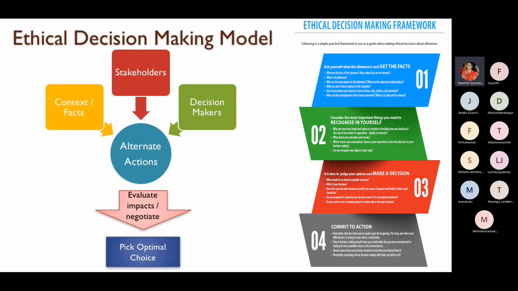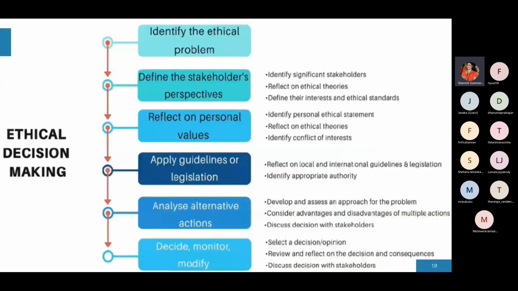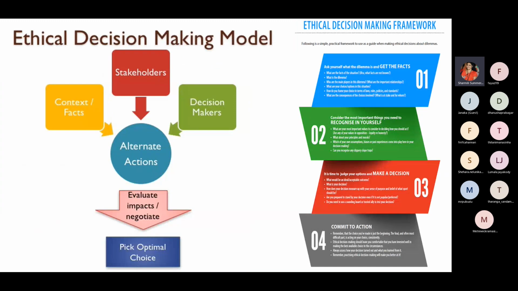Here I have put so many pictures. You can go through each and every one showing how you can make an ethical decision, a flow chart or an ethical decision making process. Before any ethical decision making process, first you need to have the facts or information regarding the problem: what the issue is and how you are going to make a decision.